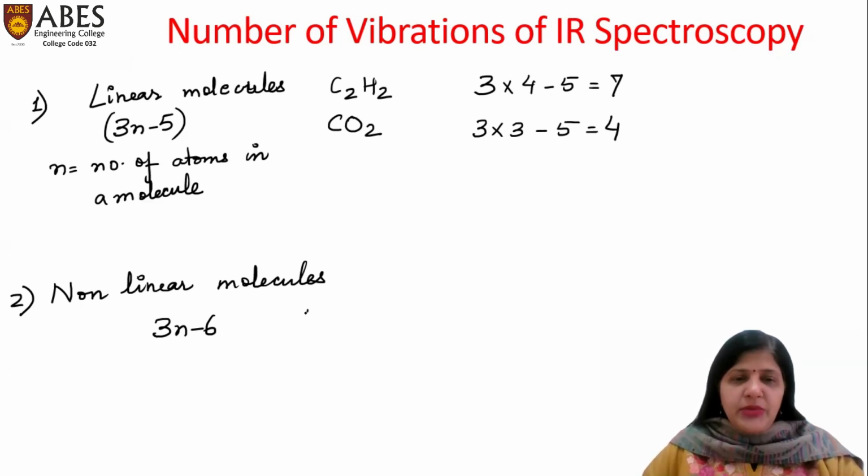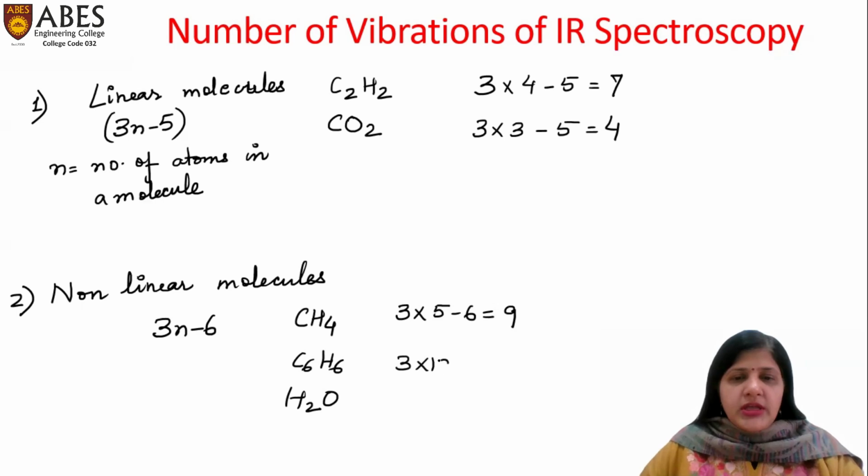Examples of non-linear molecules are methane, benzene and water. For methane, 3 into 5 minus 6 gives 9 vibrations. For benzene, 3 into 12 minus 6 gives 30 vibrations. And water has 3 vibrations.